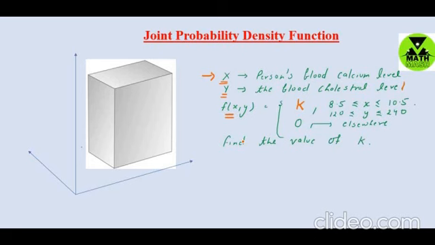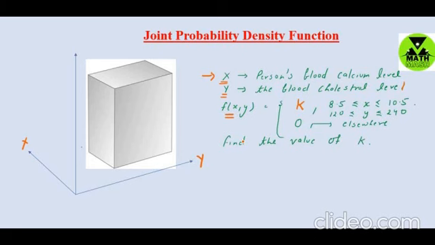So let this be our x scale and this be the y scale. So this is the x axis, this is the y axis. Although this figure does not correspond completely, it is just to visualize this example.